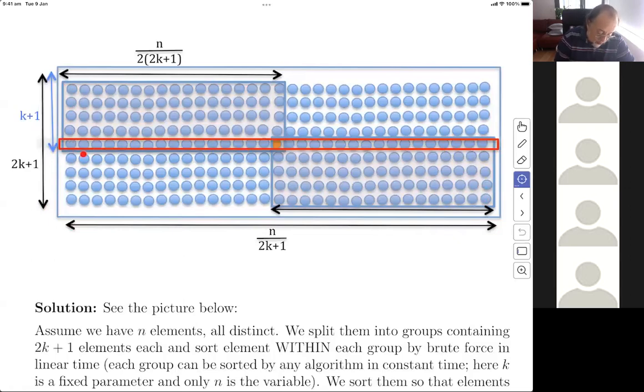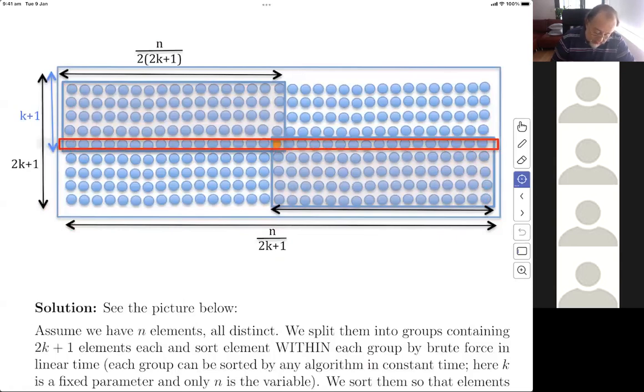So it's k plus 1, and the size of the rectangle is n divided by 2 times 2k plus 1, right? Because it's 1/2 of the total number of elements. And now everything is really simple. First, we call recursively our algorithm on the middle row.